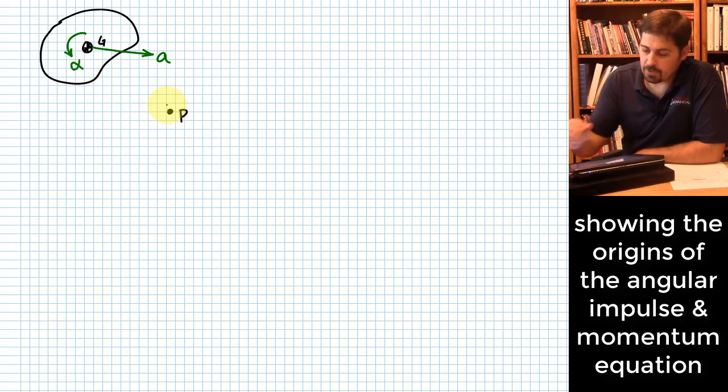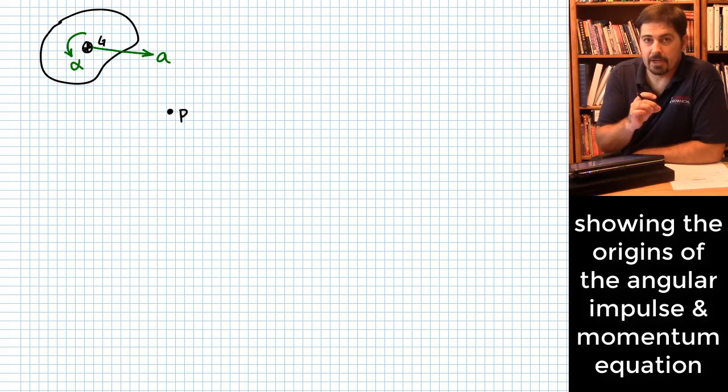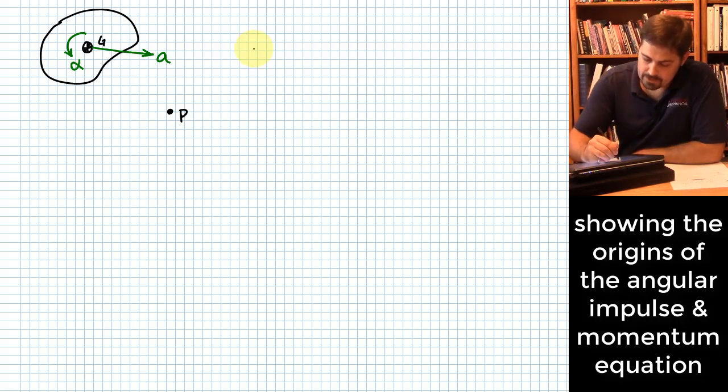To get started with the theory of how to do these angular impulse and momentum problems, let's start with what we know. We know that Newton's second law for the angular case is expressed this way, where we sum up all of the moments about point P. Those are all vector terms. This is going to be equal to a couple of things.